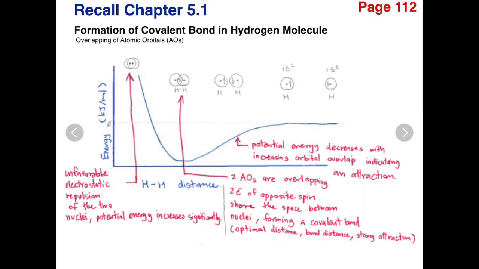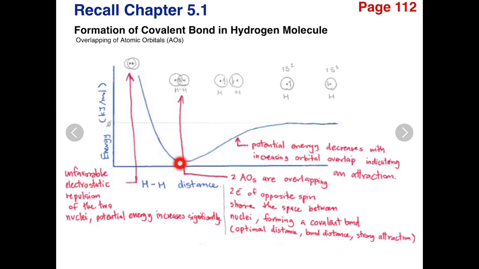As they come close, they start to overlap. At the optimal distance of overlap between the 2 atomic orbitals, the electrons are able to be shared, and we call this point the covalent bond.